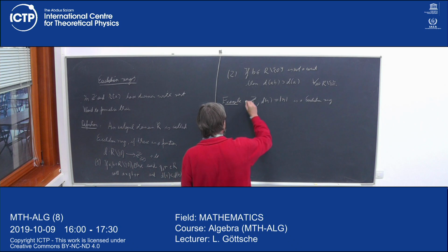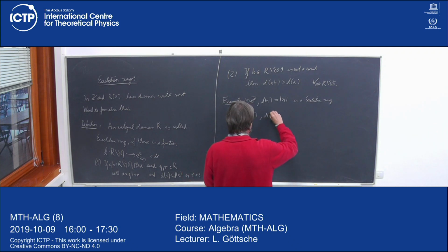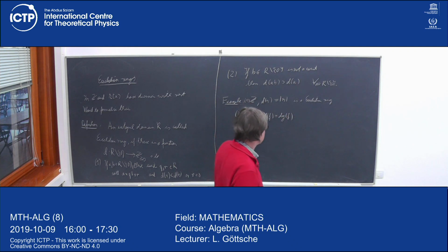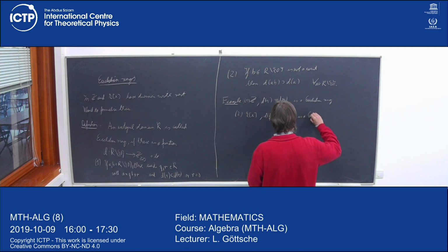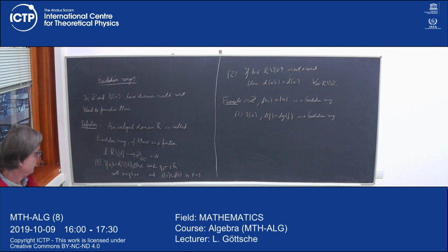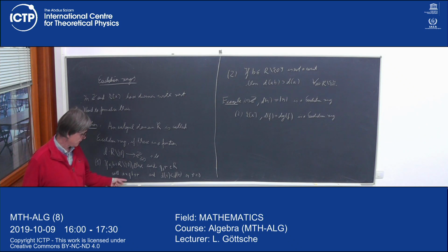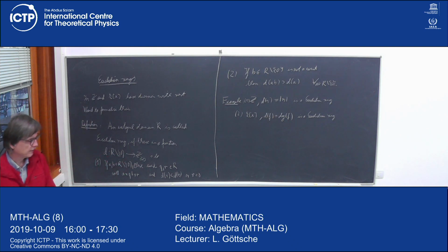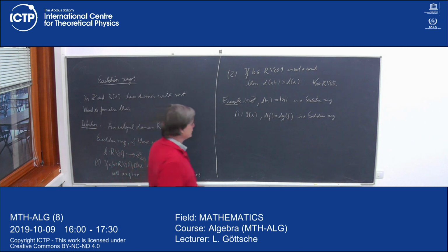And if we look at k[x] and d of f is the degree of f, this is also Euclidean, because this is the division with rest we have seen, that we can always divide the polynomial f by another polynomial in such a way that the rest has smaller degree, or is 0. So that's fine.